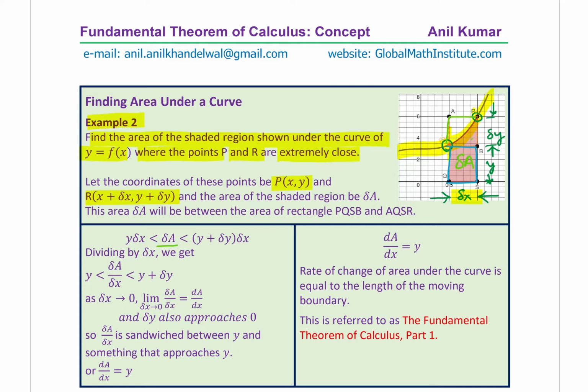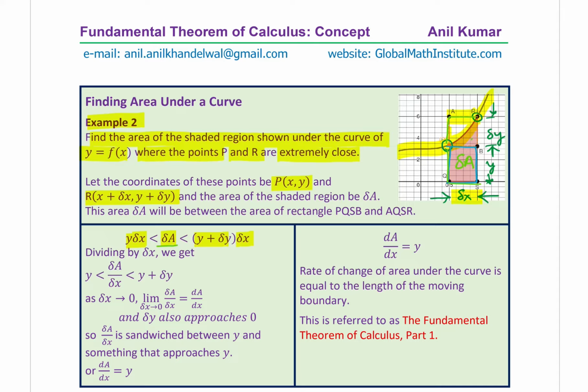So delta A is between the smaller rectangle whose sides are y times delta x, right? So sides are y and delta x. And on the other side, the big rectangle, which is (y plus delta y) times delta x. So the area of the shaded region is in between these two areas, correct?